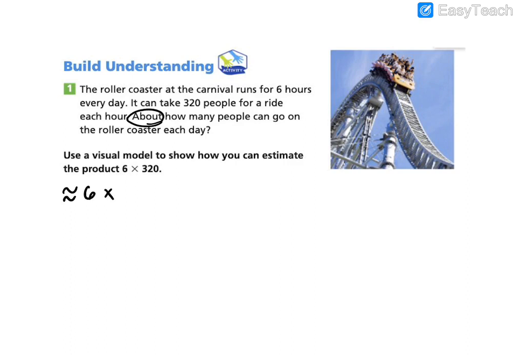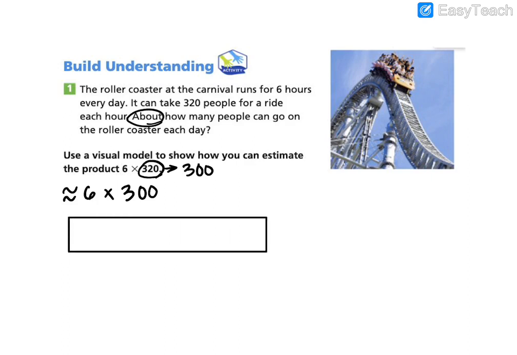We'll have 6 times, let's estimate 320. 320 is about 300. So if we estimate our equation as 6 times 300, then we can go ahead and show that using a visual model.